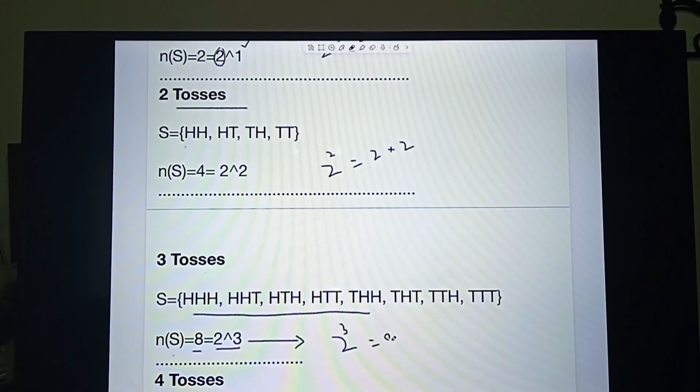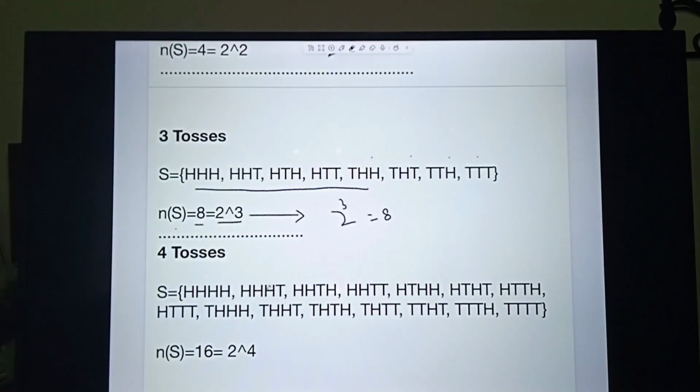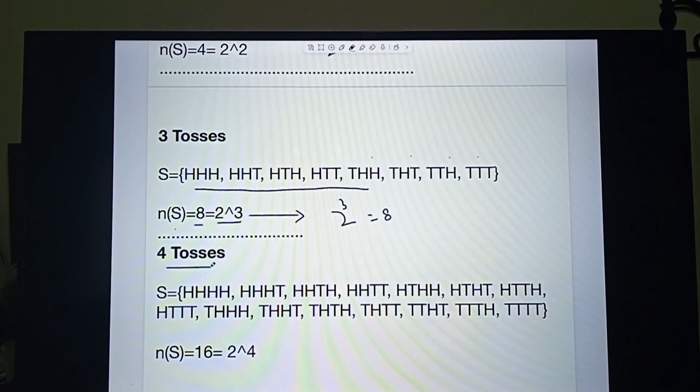So these are a total of 8 outcomes: 1, 2, 3, 4, 5, 6, 7 and 8. On 4 tosses we are getting 16 outcomes, and the listing of this sample space will be like this, and this is due to 2 to the power 4.